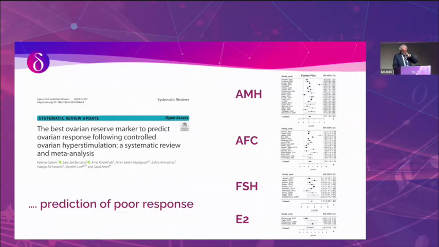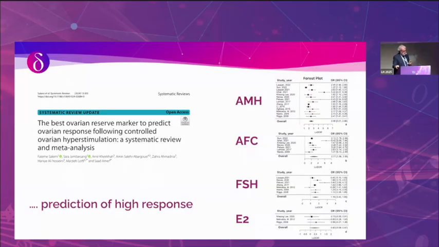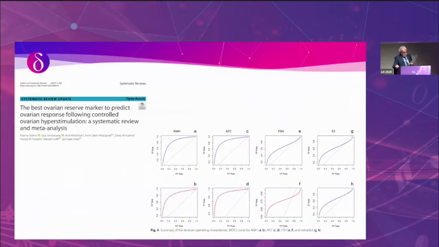And there's a meta-analysis recently published showing that both of these markers are really good to predict a poor response and also a high response. Altogether, these markers show an interesting area under the curve.